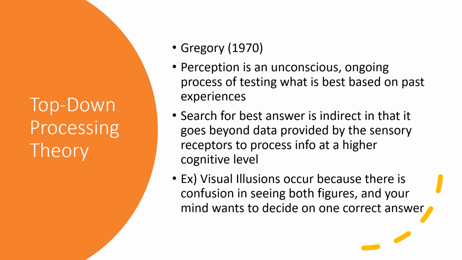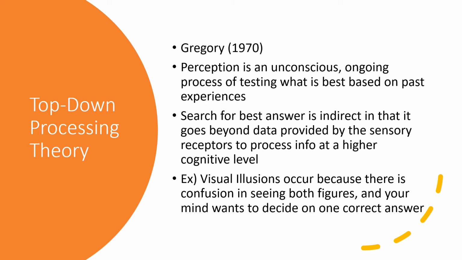This was developed by Gregory in 1970. And it says that perception is an unconscious, ongoing process. You didn't consciously think, I'm going to immediately say duck, but you probably did because of how your schema was queued up. And this is guessing based on what is best based on past experiences.